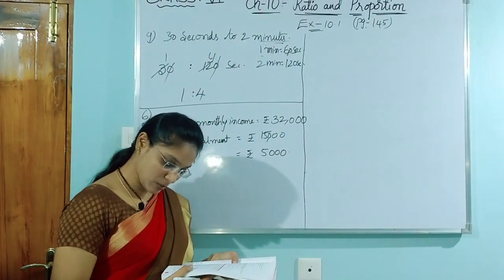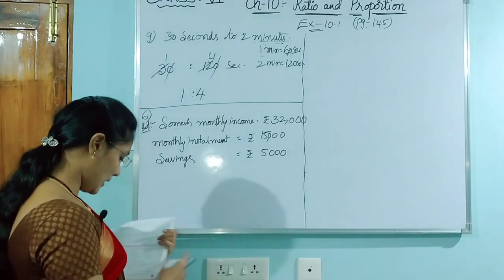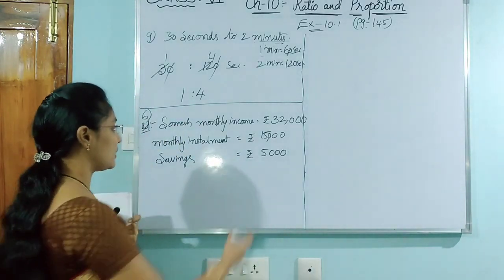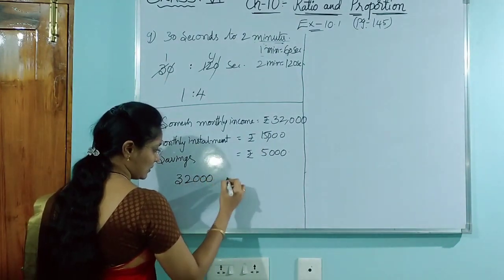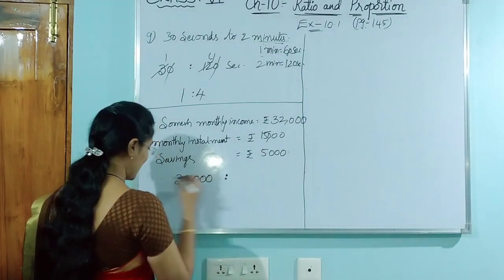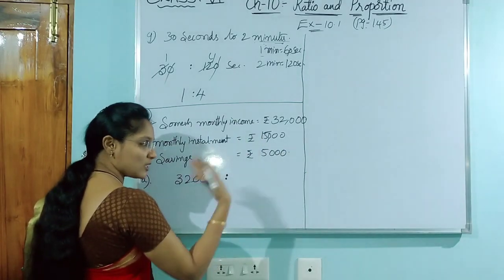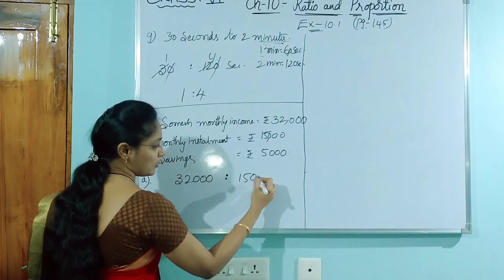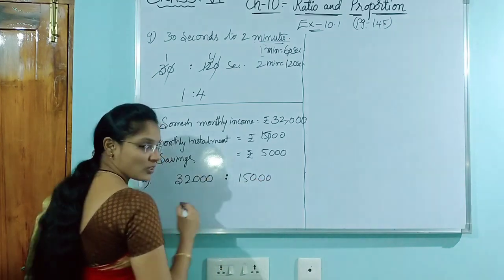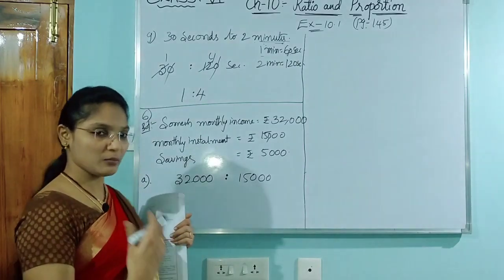Now, let us find the ratio of the given quantities. Monthly income to the monthly installment of housing loan. Income is 32,000 is to, this is term 1, no? Monthly installment is the second one, no? So term 2 is 15,000. In the ratio we will not mention the rupee symbol or anything.